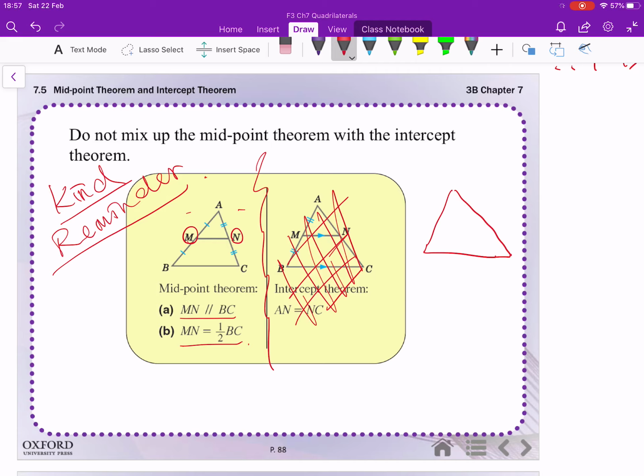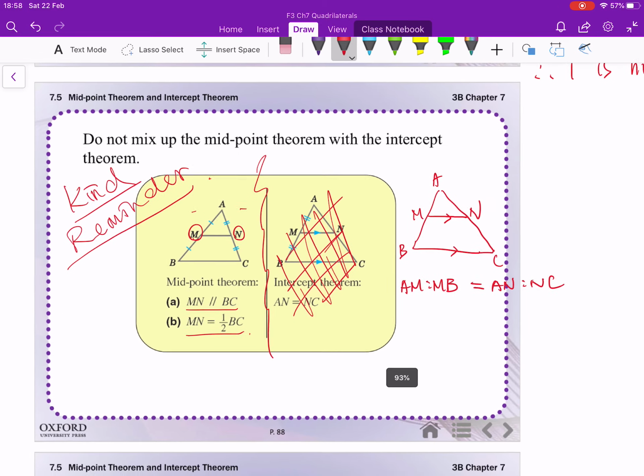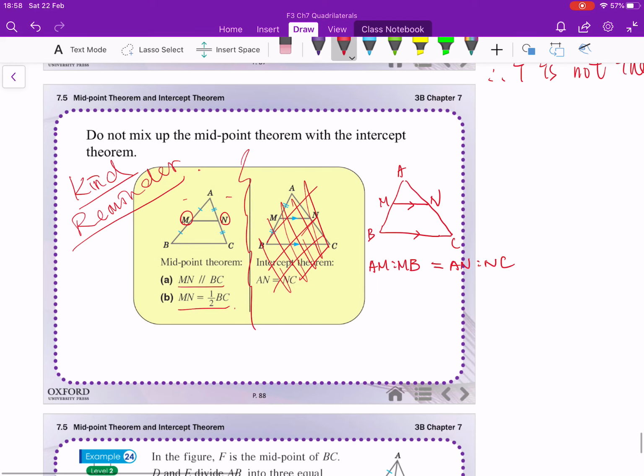Instead, we start from at least two parallel lines. And then the result should be some equal ratio, AM to MB equals AN to NC. So I don't think you have a high chance to mix them up.